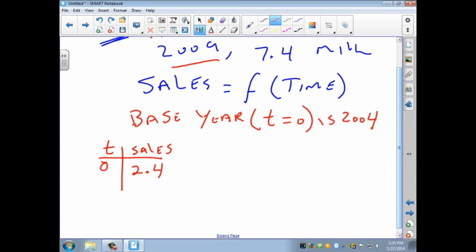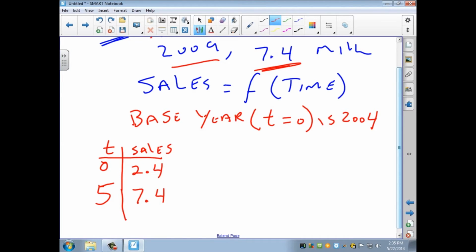So when t is equal to 5, sales would be 7.4. So I have 2 points here. Given the 2 points, I can figure out the slope of the line.